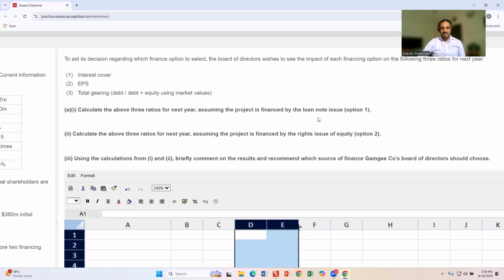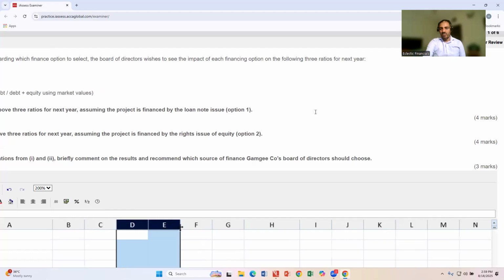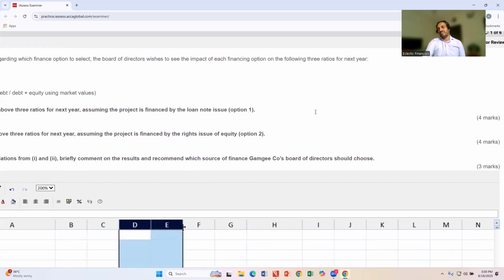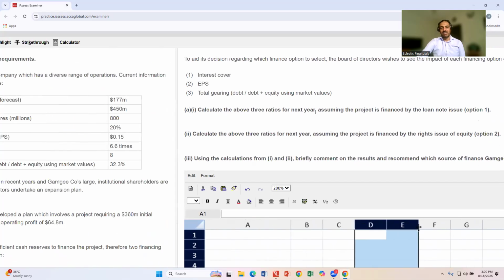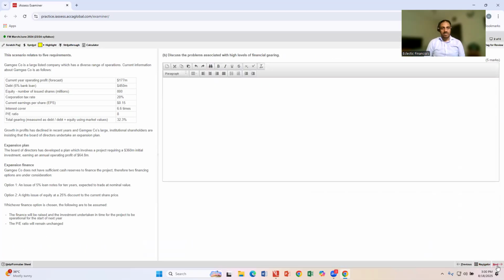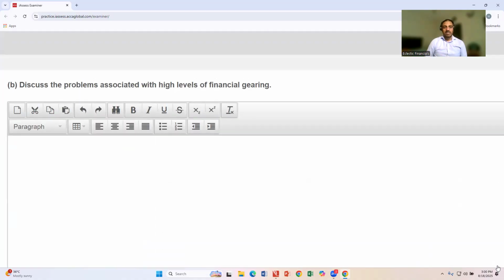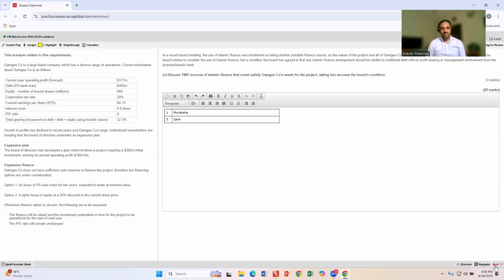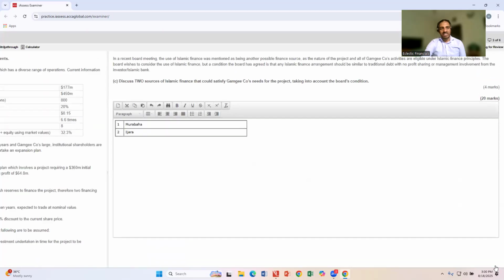The first part is about 11 marks. What's next? A theoretical part about financial gearing. What's next? Four marks on Islamic finance.